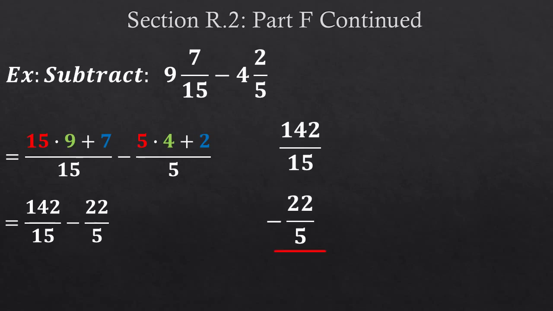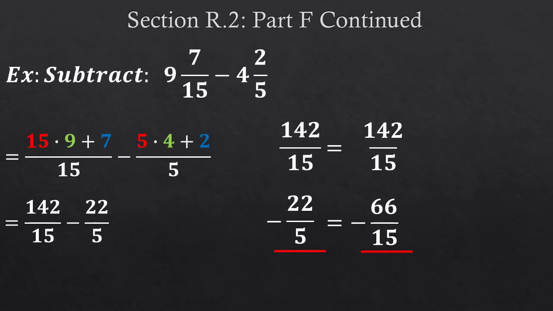Once again, the least common denominator for 15 and 5 is 15. We will set the old fractions equal to something over 15. And we will take 5 into 15, which goes 1 time. 1 times 142 is 142. 5 into 15 goes 3. 3 times 22 is 66.